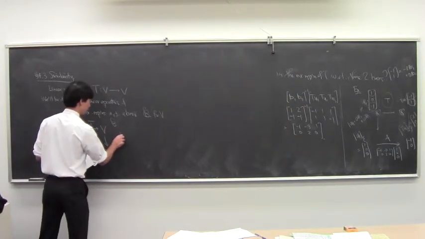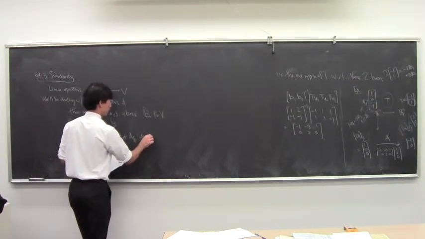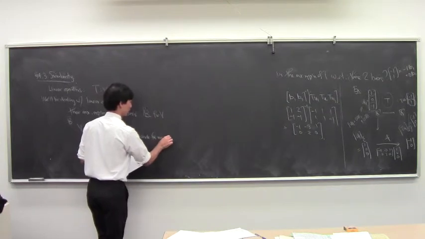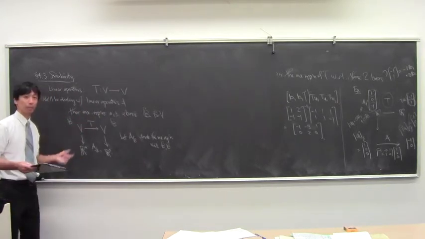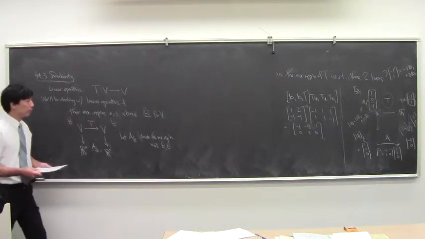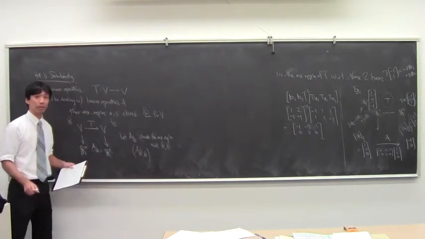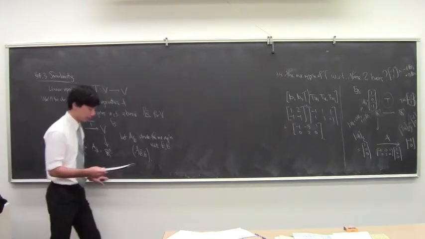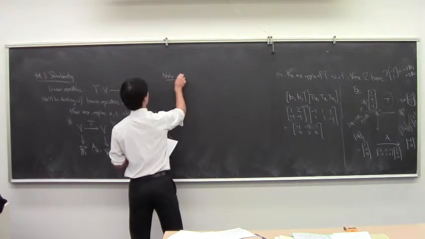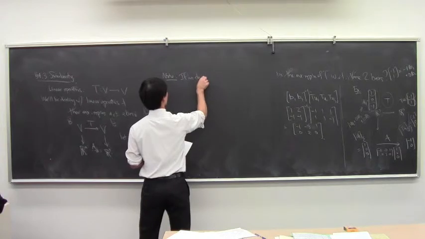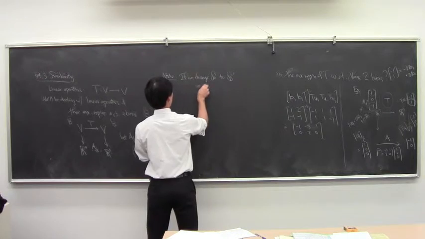So let A sub B denote the matrix representation with respect to B and B. We're using the basis B on both sides. It's probably more illustrative to say A sub B, B. Anyway. Okay. So notice if we change B to B prime, some other basis, we change the matrix.